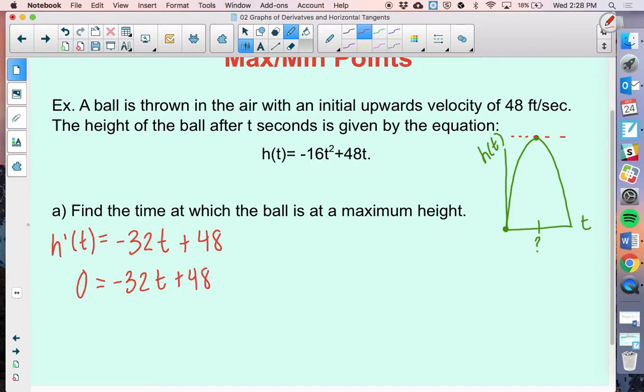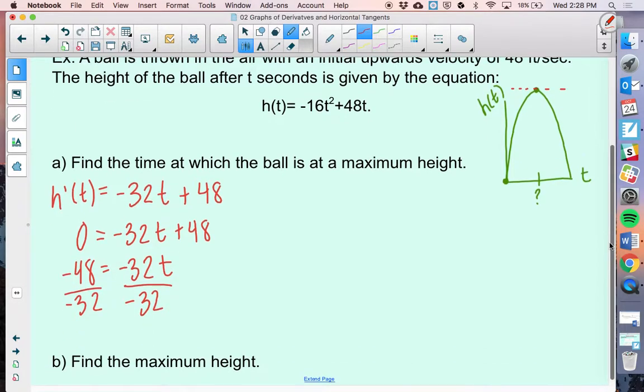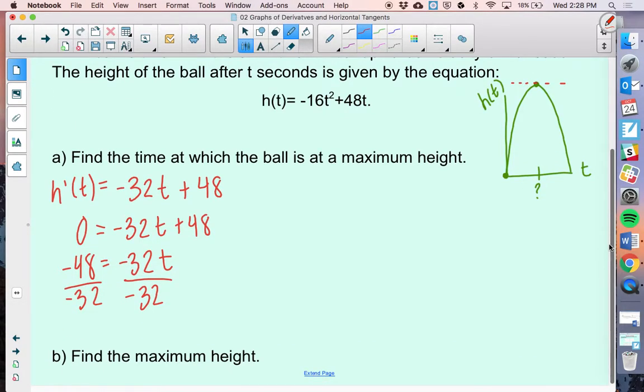And then we subtract 48, and I divide by negative 32, and 48 divided by 32 is 1.5.